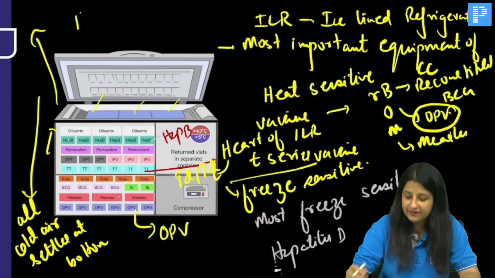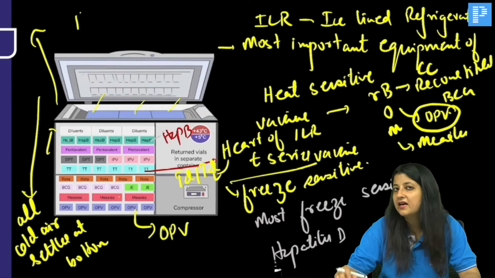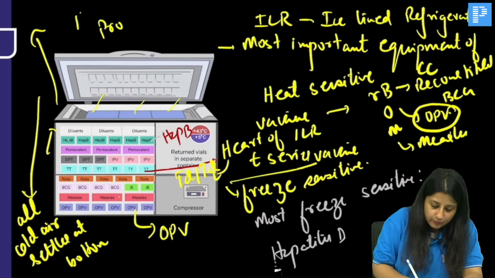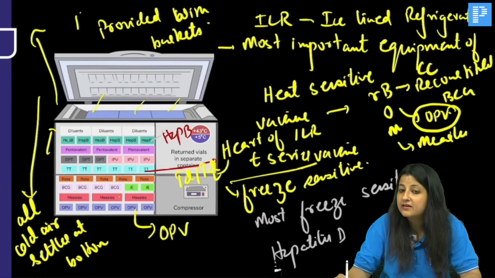And how do you place the vaccines in ILR? Do we directly go and dump the vaccines in ILR? No. ILR is provided with baskets to place the vaccines. We are going to place them in the baskets provided by the ILR. Also one more thing.